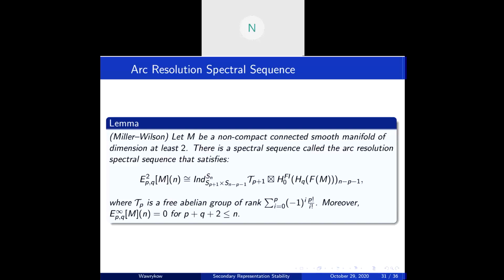So T is some free abelian group that has this kind of odd rank, but really T corresponds to a bunch of different things. But the way I like to think about it is T of P says you've got something like P points, and all of these P points have to be moving around in some circles about each other. So say with 2 points, the only thing that can happen is these 2 points dancing.